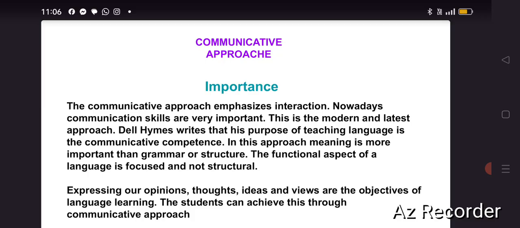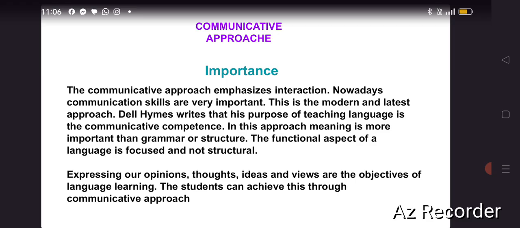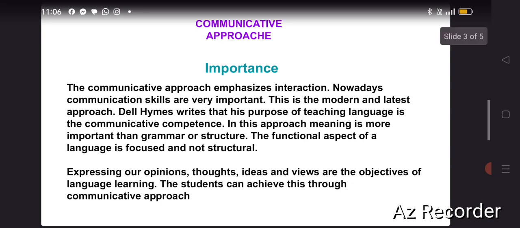Communication is a two-way process between sender and receiver. When we communicate in the class, the teacher is the sender and the student is the receiver.